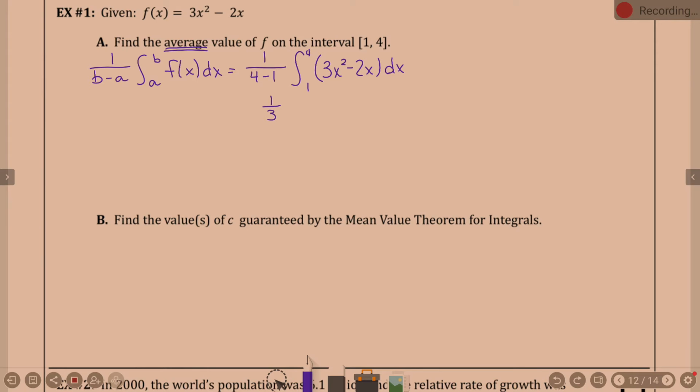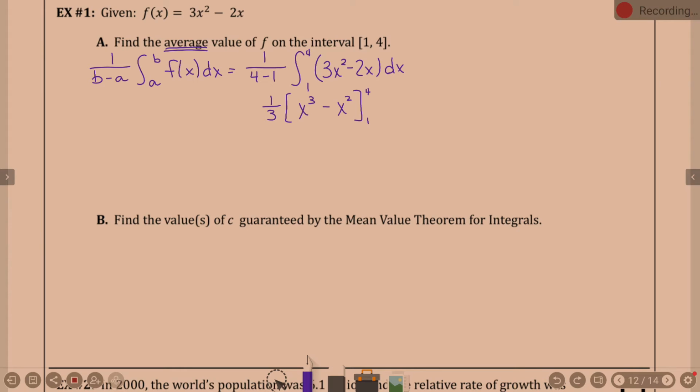I don't feel like we've done a lot of integrating by hand in a while, but guess what? We're going to integrate by hand. What's the integral of 3x squared? x cubed, minus the integral of 2x, x squared, evaluated from 1 to 4.